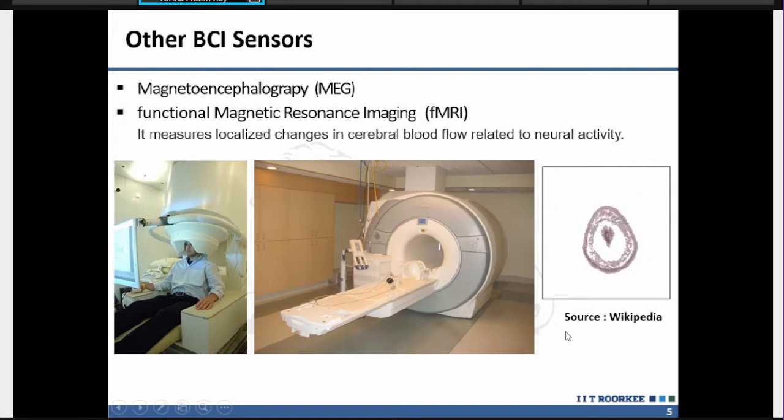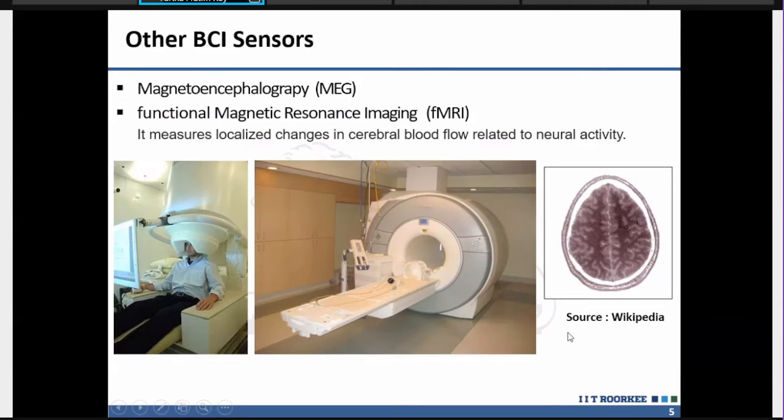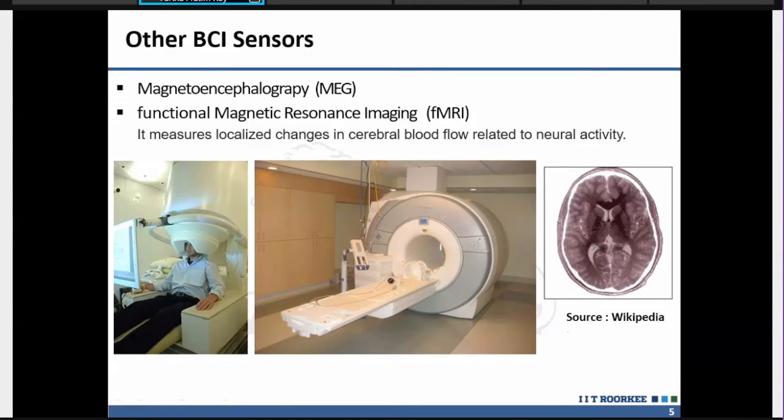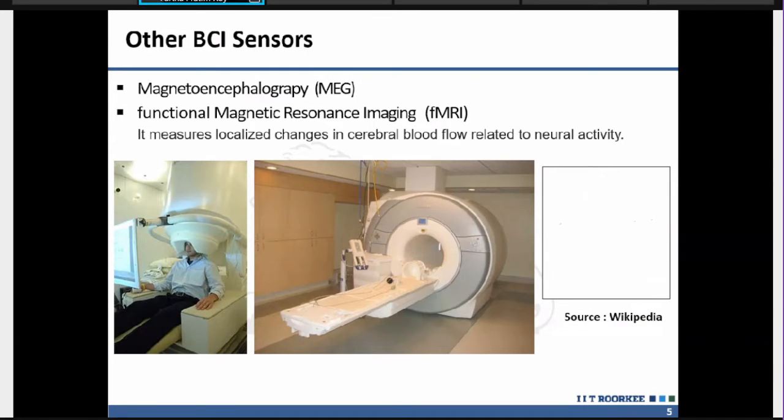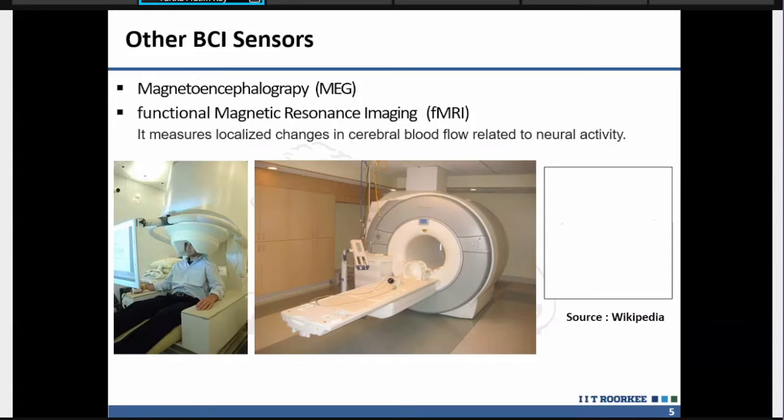During this period, those instruments record the cerebral blood flow. When there are some neuron activities, they analyze and capture that cerebral blood flow. Like this, you see the video.